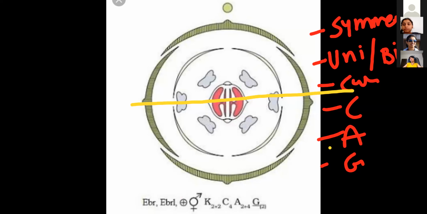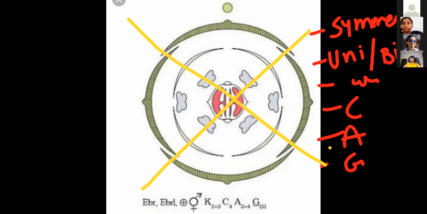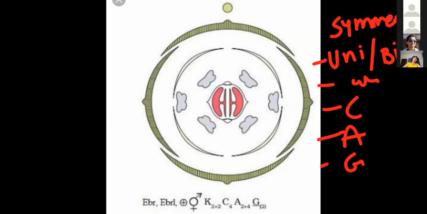Next, if I cut the flower in this way, again two equal halves, same for this. So that's why we call this a radial symmetrical flower, right? For radial symmetry, we make a symbol, this one.